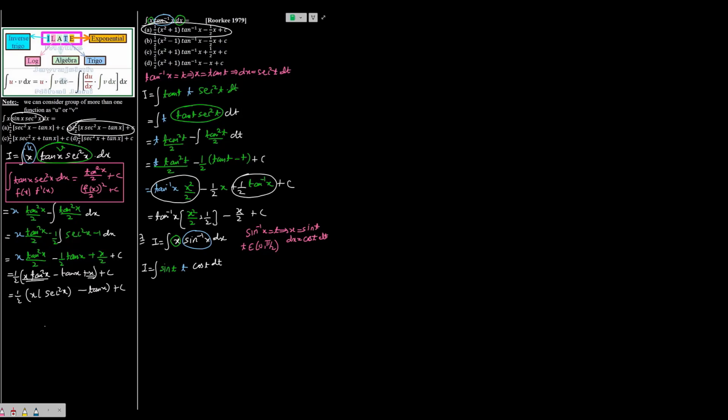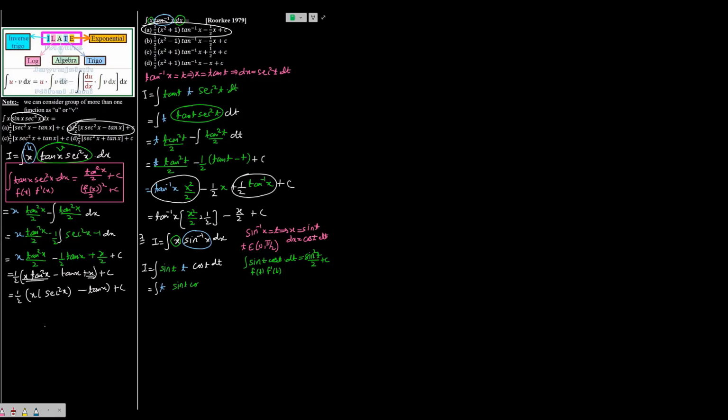The integration of this is possible in two ways: multiply and divide by half and convert into sin 2t, or integrate sin t cos t using f of t into f dash t. The differentiation of sin t, cos t, is available, so hide cos t, integration of sin t, t square by 2 plus c.